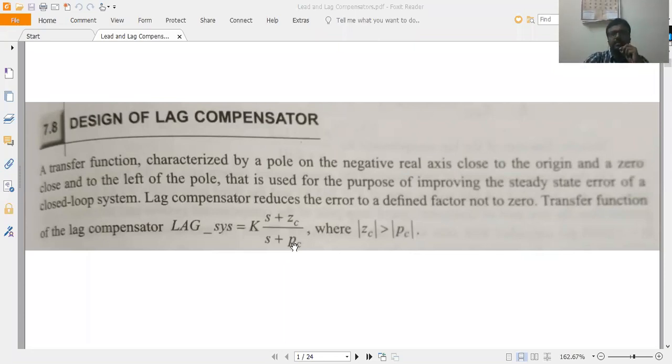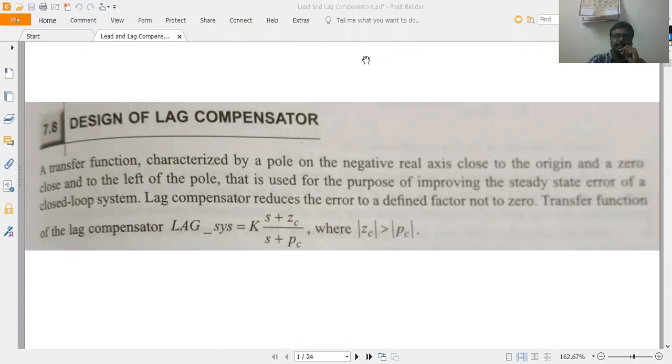In this particular transfer function, if the value of the zero is greater than the pole, then that transfer function is called a lag compensator. Or else, if the zero value is less than the pole value, then that compensator is called a lead compensator.